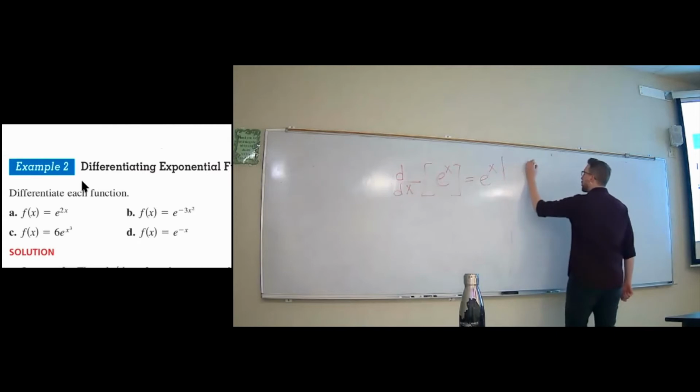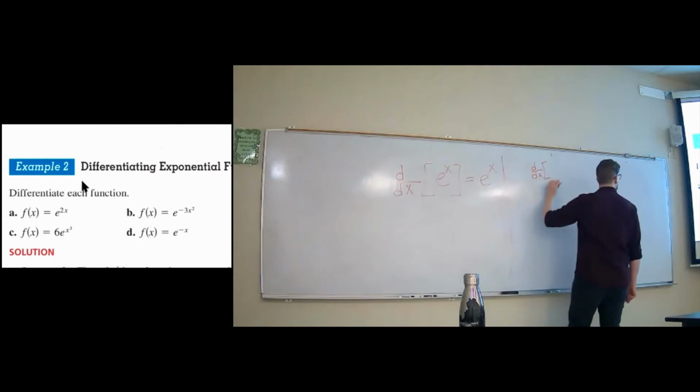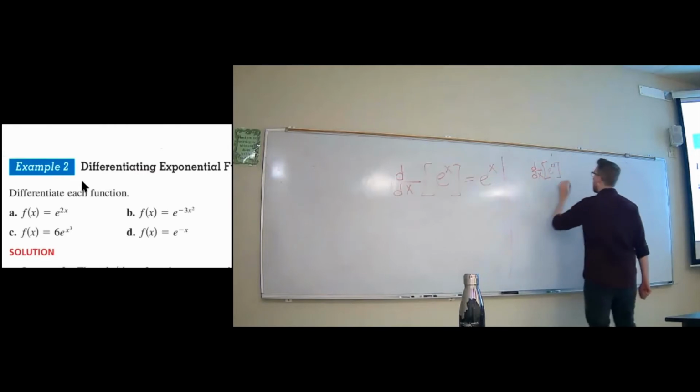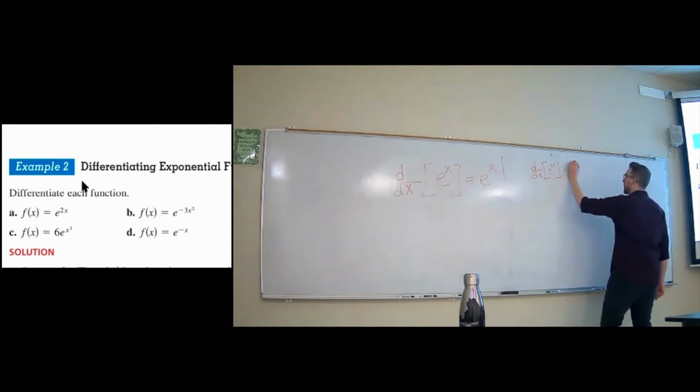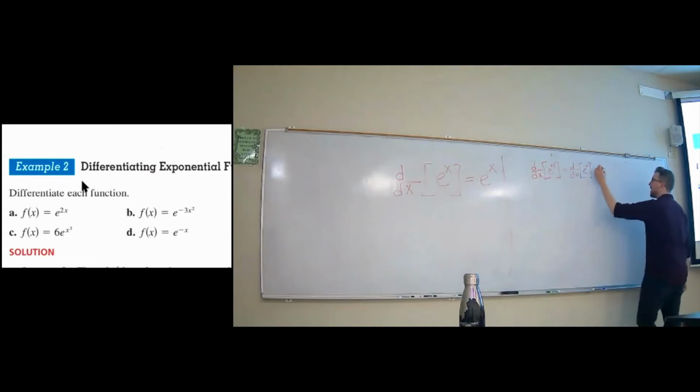Let's say we want to take the derivative of e to the 2x. Well, this is going to be the derivative with respect to u of e to the u, right? Times the derivative of 2x, where u is equal to 2x.